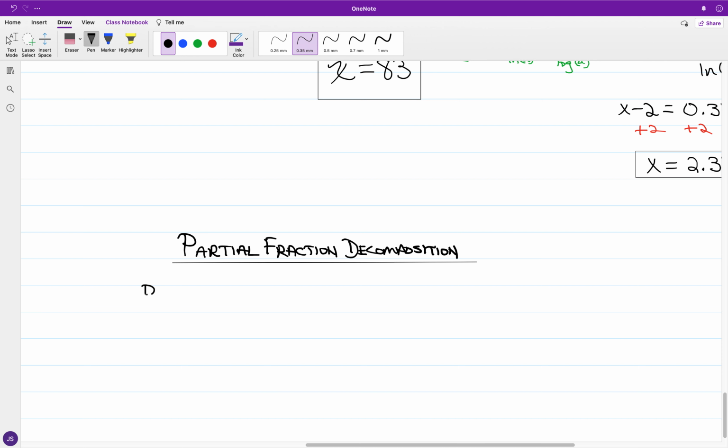Let's say that if I were to express in terms of partial fractions, like the sums and differences of partial fractions, and we'll say we have as a first case, 6 all over x squared plus 4x plus 3.